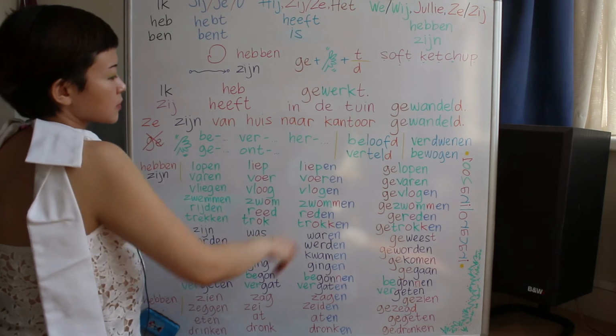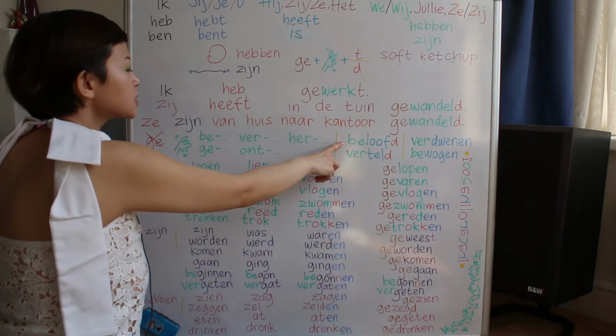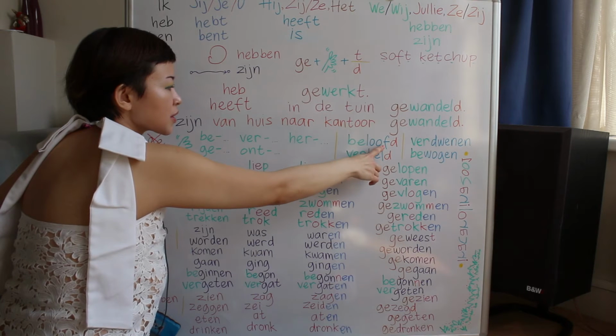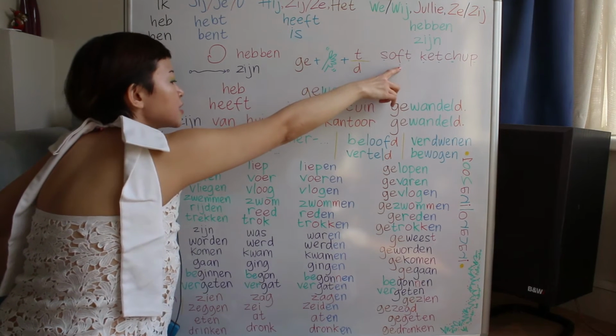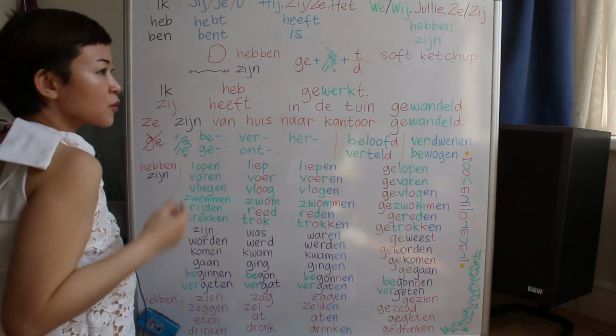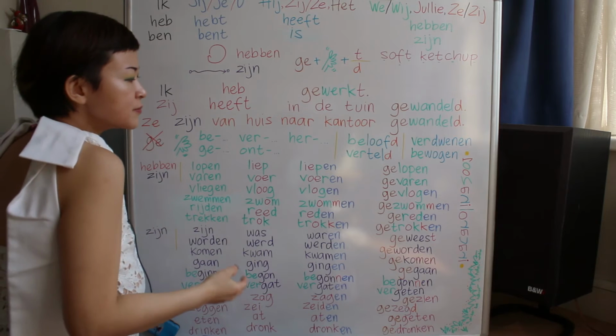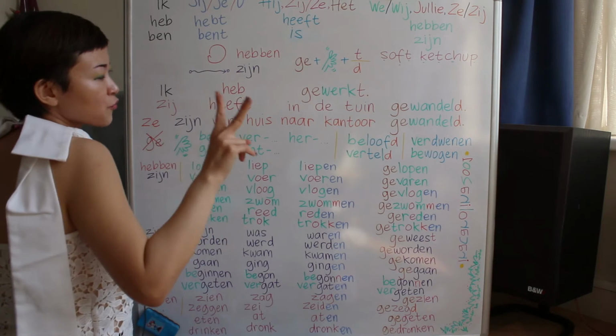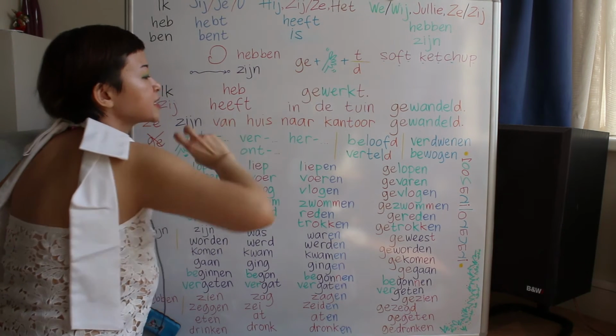Beloofd starts with be. We see here it ends with F, but we use the D because the basic word is from beloven, beloof with V, and V is not in soft ketchup.